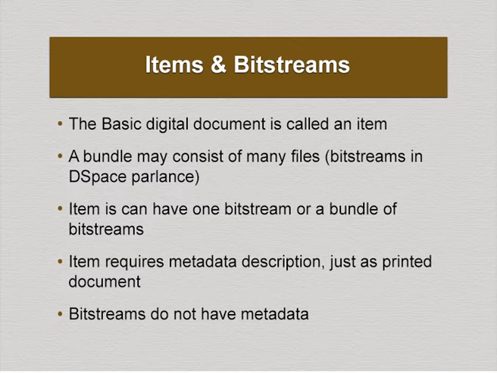So, the basic digital document is called an item, which is already a repetition. A bundle may consist of many files, bitstreams in DSpace parlance. An item can have one bitstream or a bundle of bitstreams. That means sometimes the item can have only one, but sometimes in case of a thesis or something like that, it may have many PDF files.